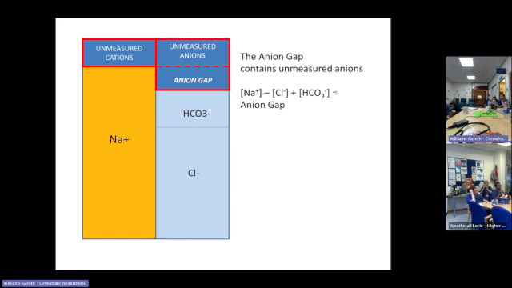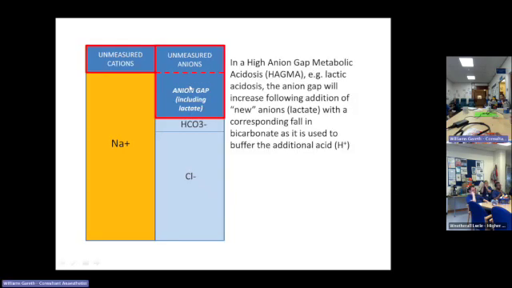So they make up the 12 to 18 gap, and that shouldn't be any bigger than that. If it's significantly bigger, we see a fall in bicarbonate, and when we do our calculation, we have this high anion gap metabolic acidosis. Fairly straightforward concept, I think, but an important one to think about at the bedside.